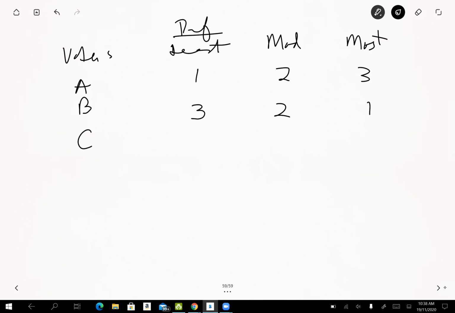And then for C, least preferred is 3, moderately preferred 1, most preferred 2.